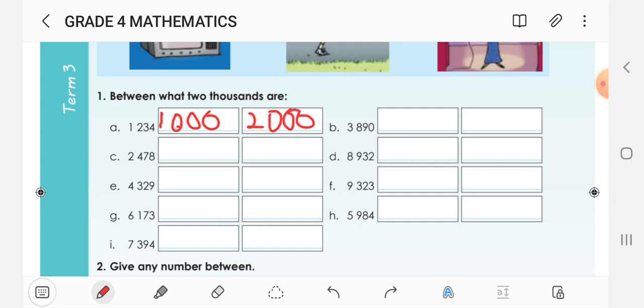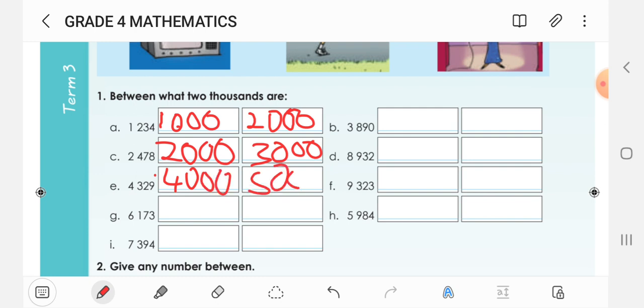Okay, now let's do number C. Between what thousands is 2,478? It is between 2,000 and 3,000, right? And then this 4 is between 4,000 and 5,000. Okay, so you start with this one.